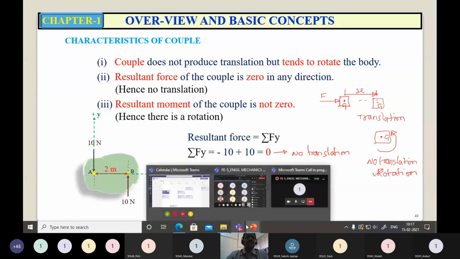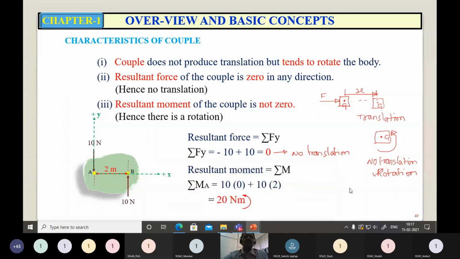And what is the sense of the moment of this 10 Newton force? It is acting in the anti-clockwise sense about point A. Therefore, it is plus 10 into 2, so it is 20 Newton meter anti-clockwise.